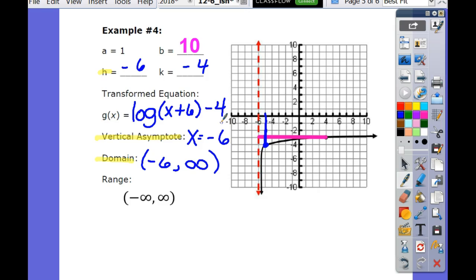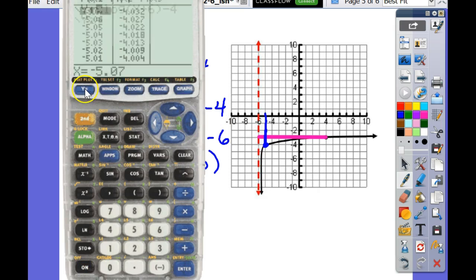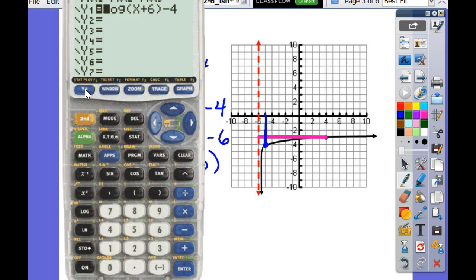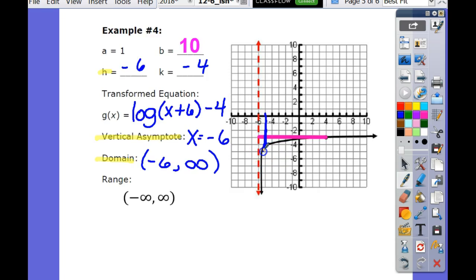Now, since this is base 10, you can actually put this in your calculator and check it, but it looks a little bit different on your calculator. On your calculator, it looks like it stops right there, but does it? That would be right here on this graph. Does it stop right there?